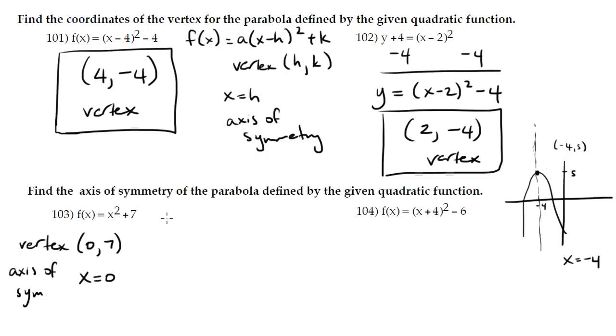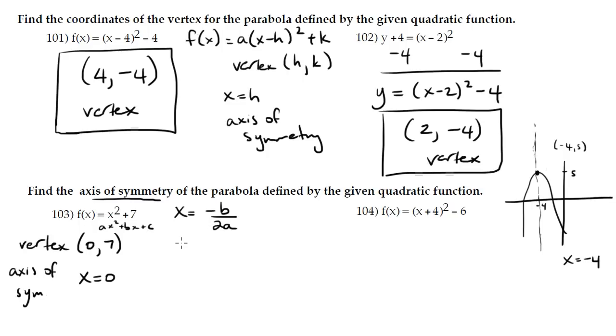The other way to find the axis of symmetry is by using this axis of symmetry formula. The axis of symmetry, x equals negative b over 2a. And this is if your parabola is in the form ax squared plus bx plus c. And this one kind of is ax squared plus bx plus c.